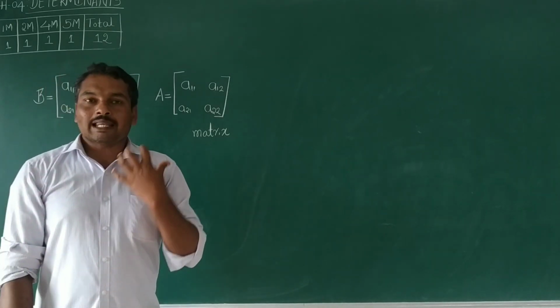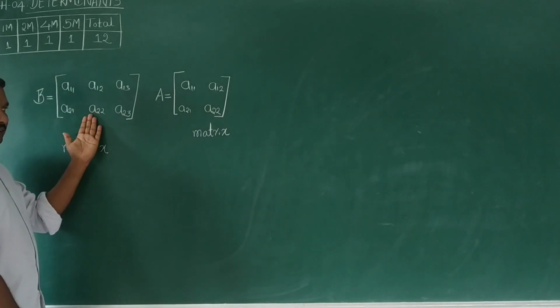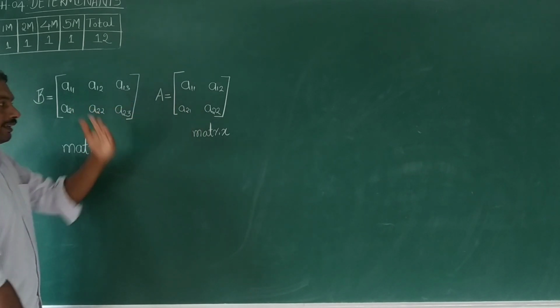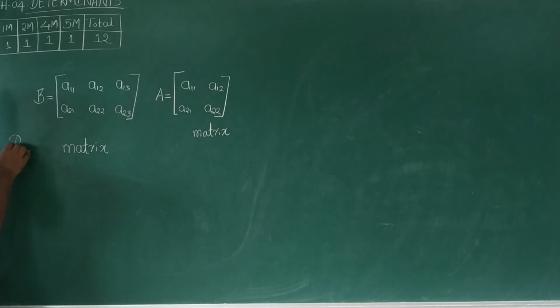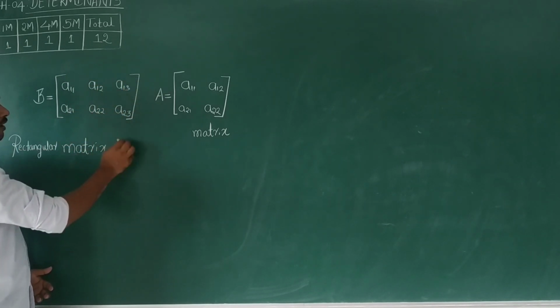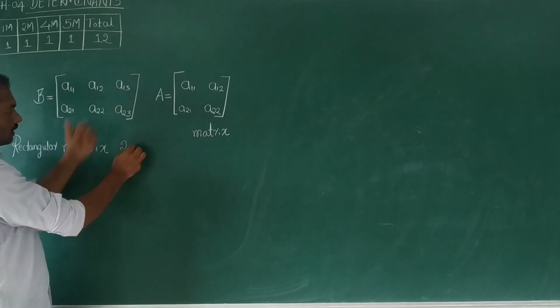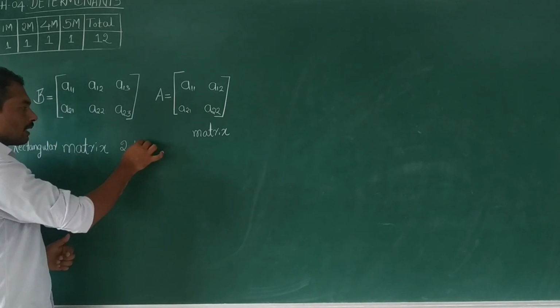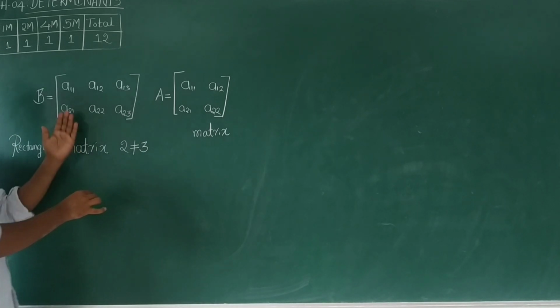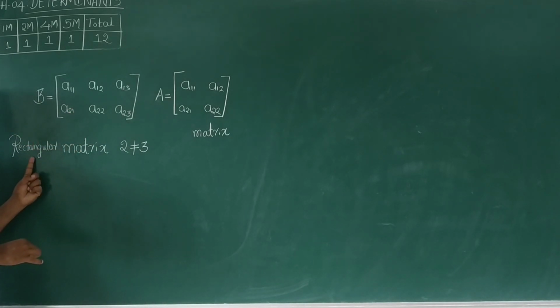We can broadly classify matrices as rectangular matrix and square matrix. A rectangular matrix is a matrix in which the number of rows is not the same as the number of columns. Here there are 2 rows and 3 columns, so this matrix is known as a rectangular matrix.